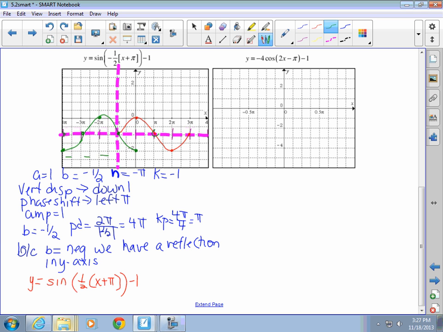If I wanted to continue it, then I would just continue with my key point. So I'd have a key point there, there, and there. So it would continue and would look like that. So this from here to here gave me one period. I'm having problems with my P's and B's today. That would be a continuation of it.